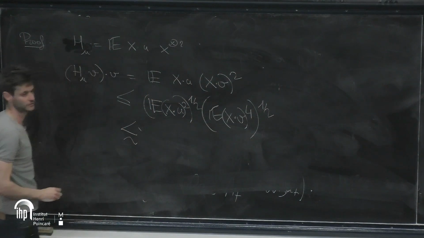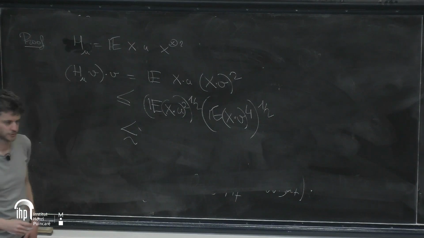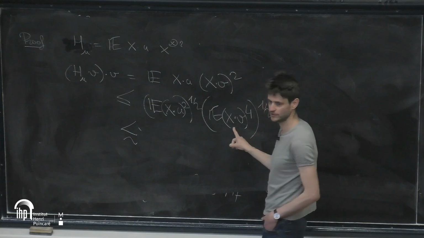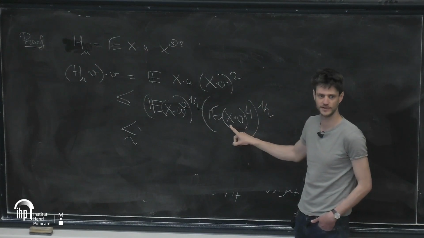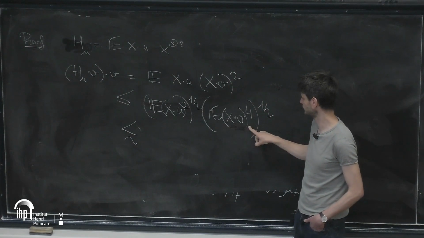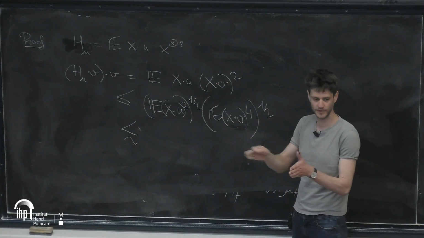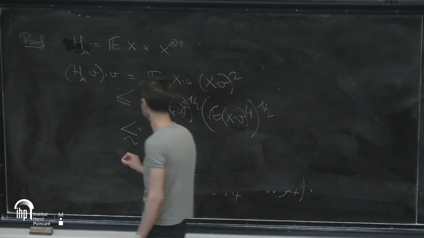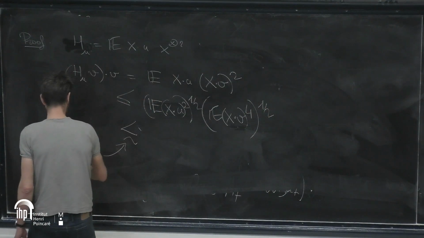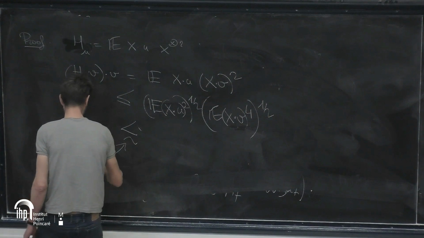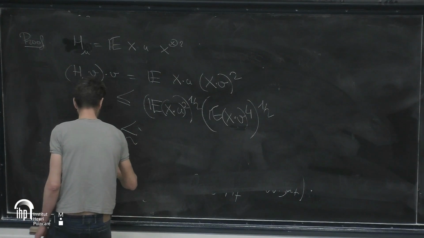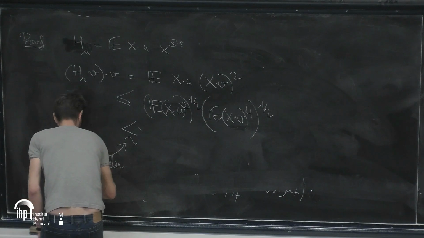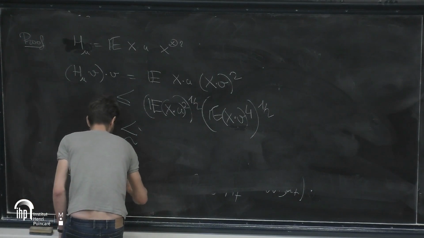And now I use log concavity. So you can compare moments for log concavity. So x dot v will be a log concave random variable. And we've seen several times in Boas' talk that for log concave random variables, you can compare moments, like you have some inverse Hölder for log concave random variables.